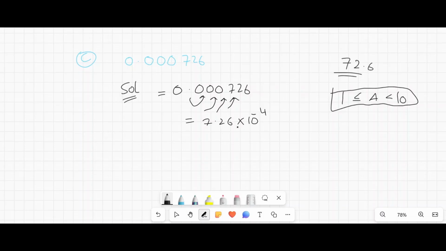So we will write 7.26, which is in between. So this is in standard form, and it is written like a into 10 raised to power n.